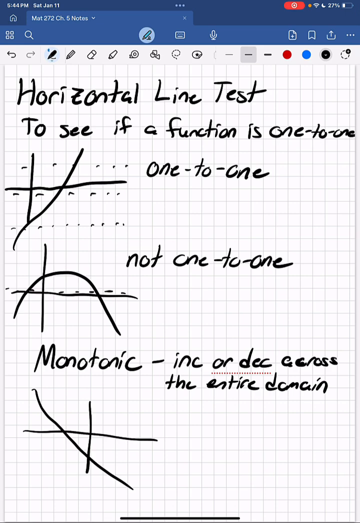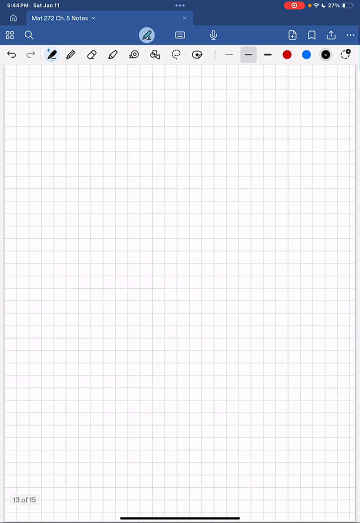All right. So, why would these be important in using inverses? Well, this leads me to Theorem 5.7.